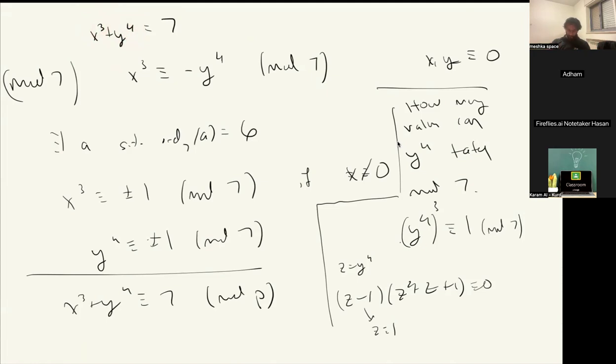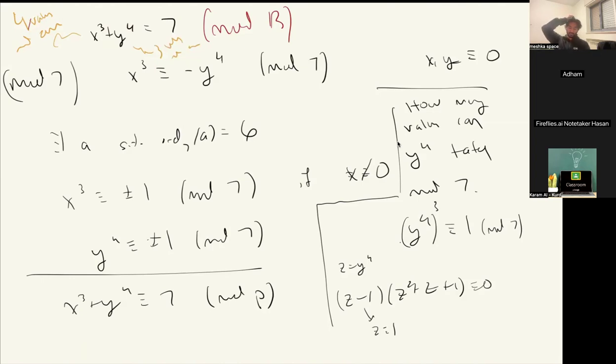So 13. Yes, exactly. The trick is to pick p equal to 13, and mod 13 show that there don't exist x cubed and y to the fourth such that their sum is congruent to 7 mod 13. Excluding 0, there will be 4 values for x cubed, and 3 values for y to the fourth, plus 0 in each case.